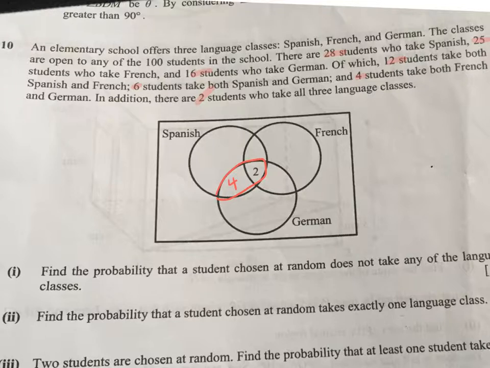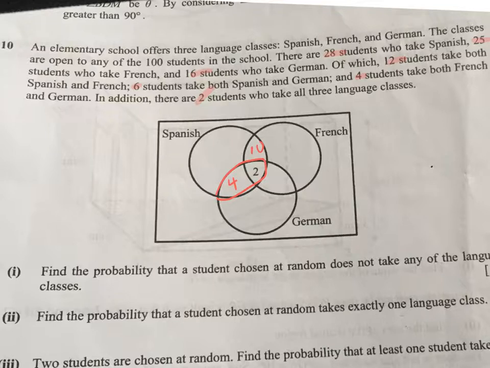Okay, now there are 12 students who take Spanish and French over here. This means that if I have 2 students who take all 3, the number over here should be 10, because it's 12 minus 2, which gives me 10.